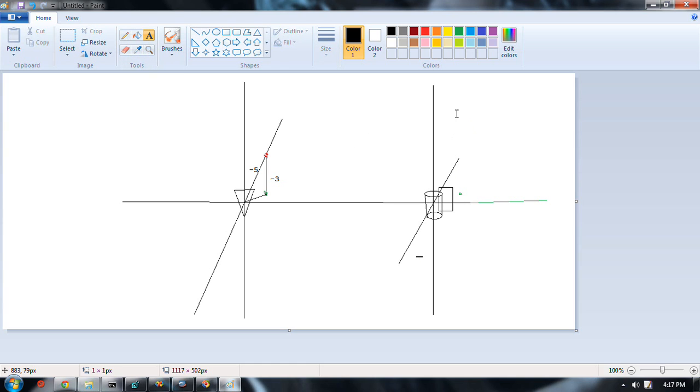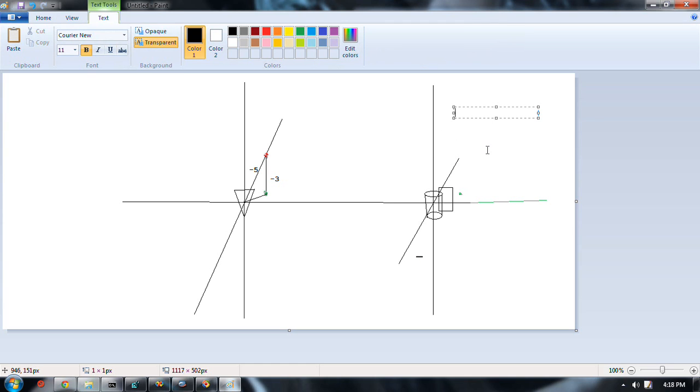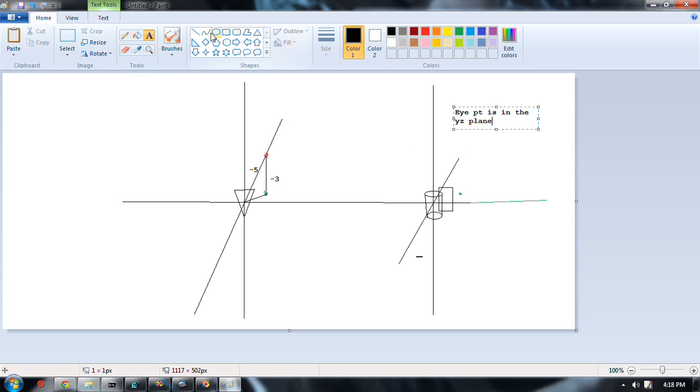That's an important fact. Okay, so that plane is made up of Z and Y, so that's this plane.